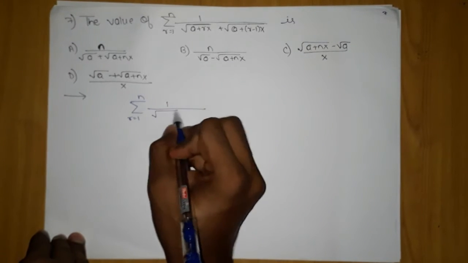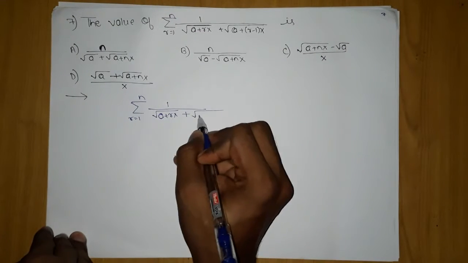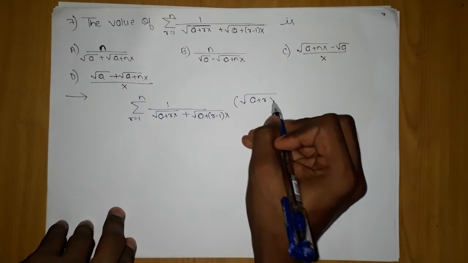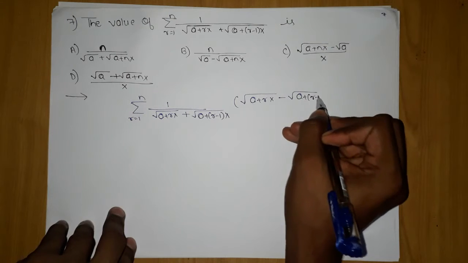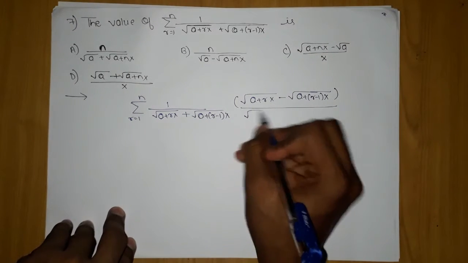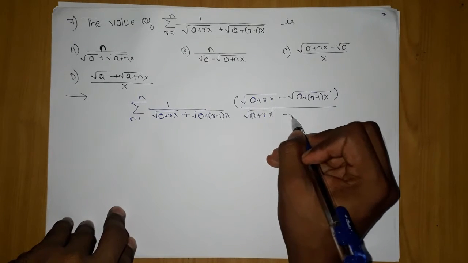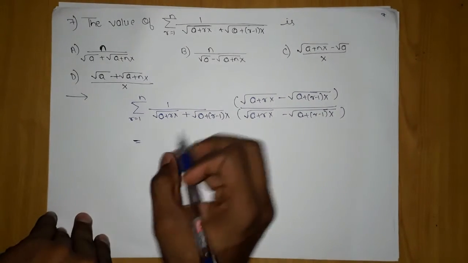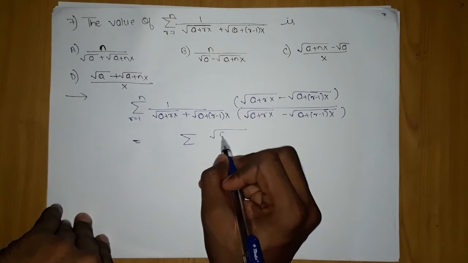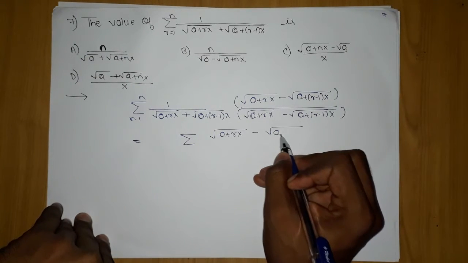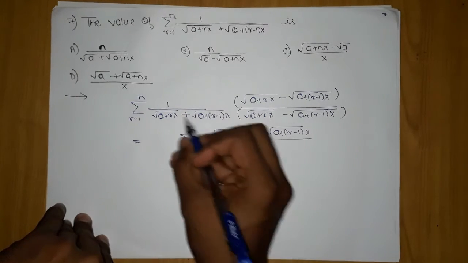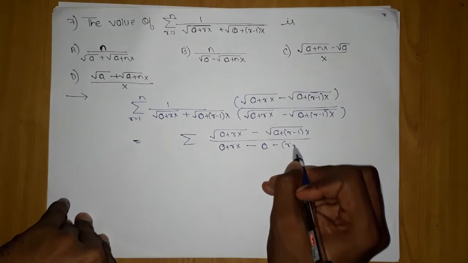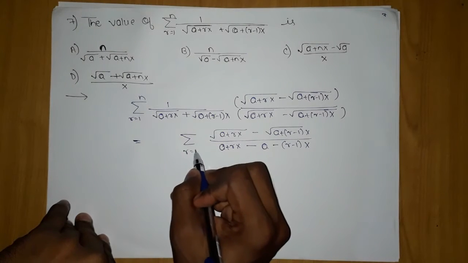1 upon under root a plus rx plus under root a plus r minus 1 into x, if I rationalize this, we get under root a plus rx minus under root a plus r minus 1 x upon a plus rx minus a minus r minus 1 x, summed from r equals 1 to n.